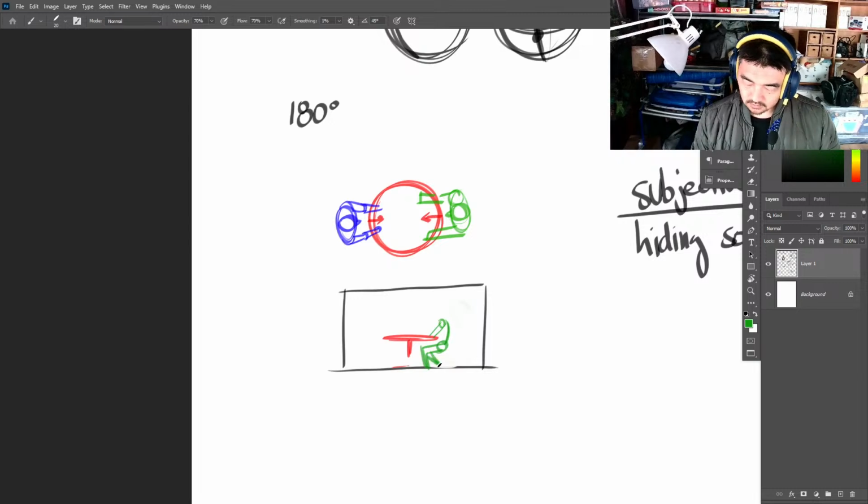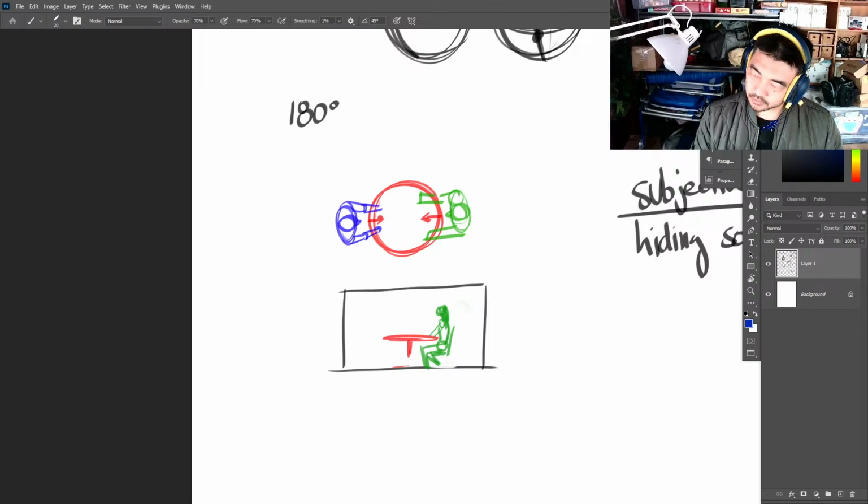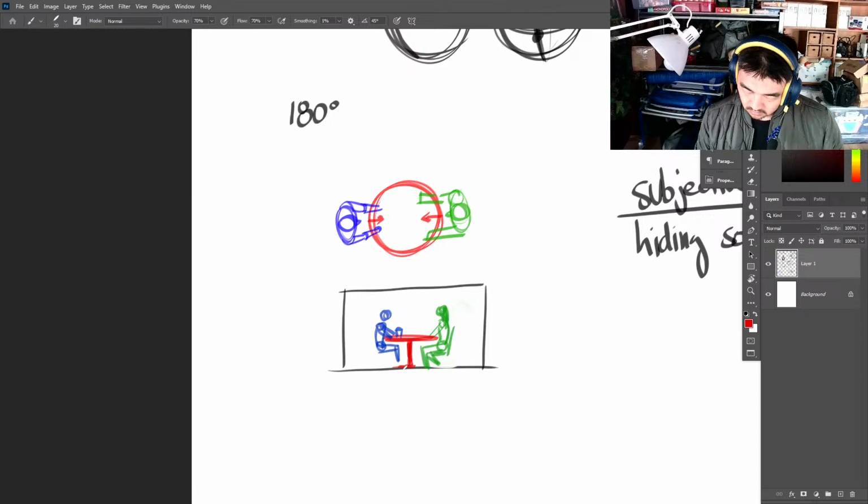Legs. We'll do the blue person right here. Maybe they're doing like a little podcast or something. Of course, this is pre-pandemic, so they could talk to each other inside of the same room.